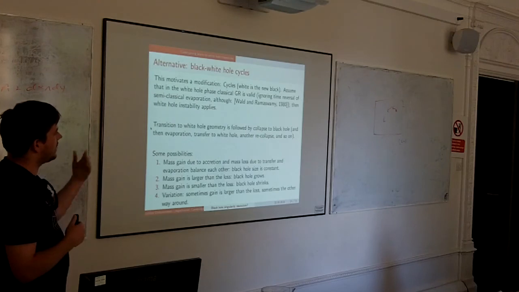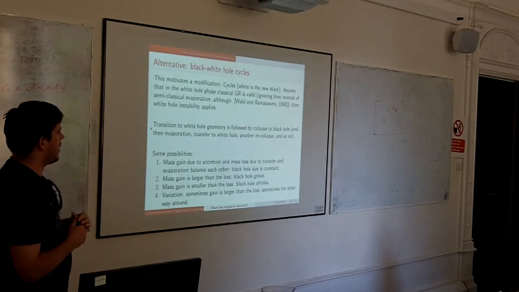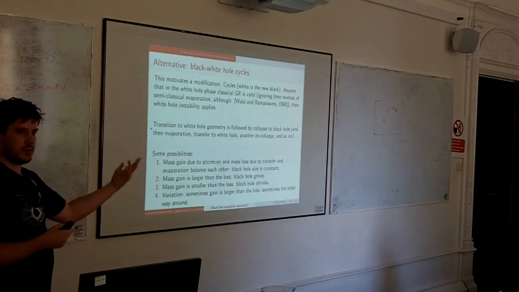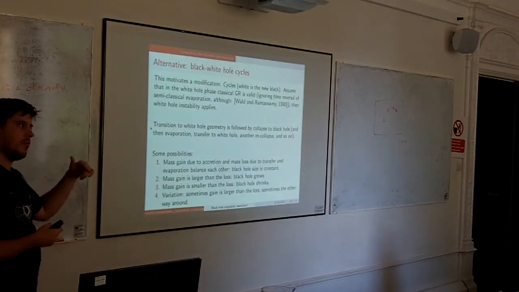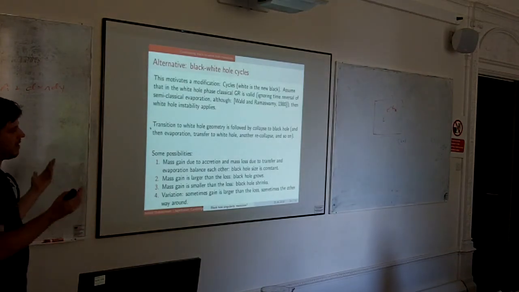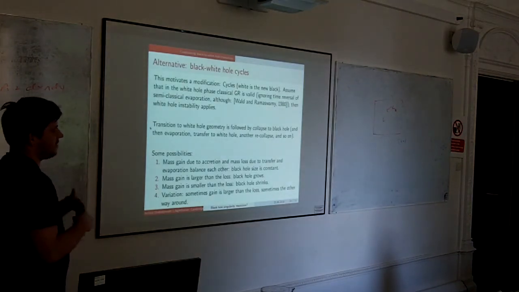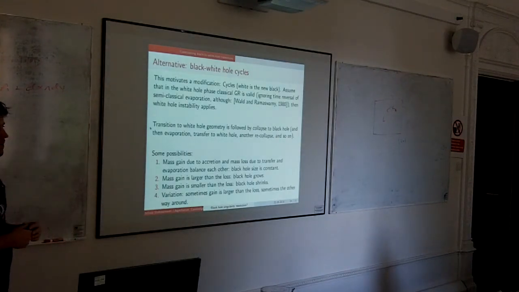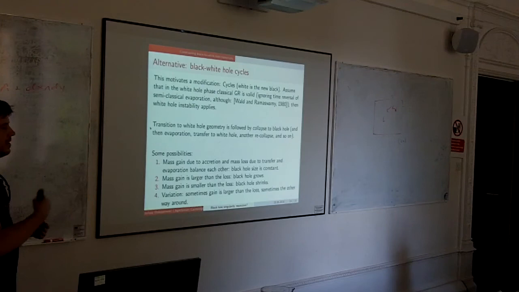And so the lifetime of a black hole looks more or less like this. It forms, evaporates, transitions to white hole. By white hole instability, transitions to a black hole again, which may evaporate again. It may take some time, perhaps transitions to another white hole, and then for the same reason recollapses, and so on and on and on, and off it goes like that.